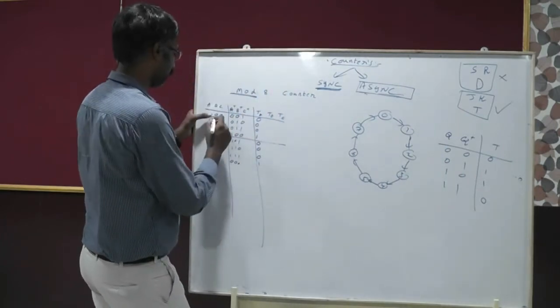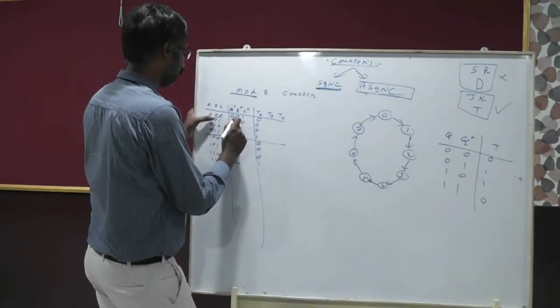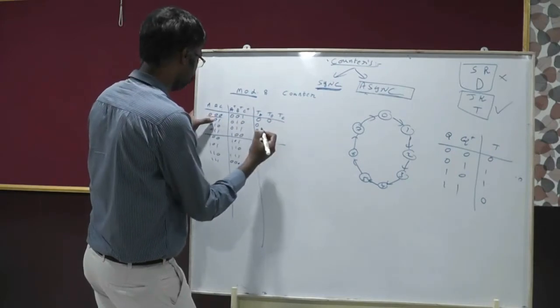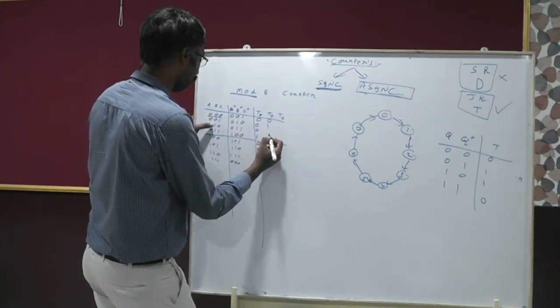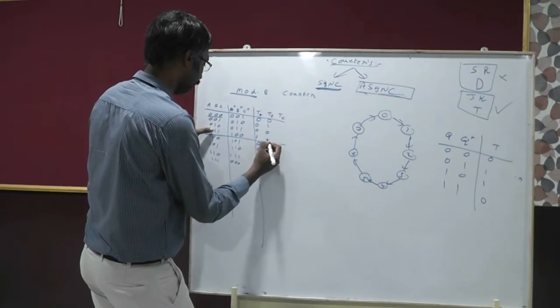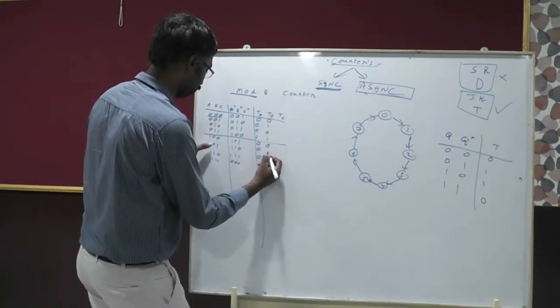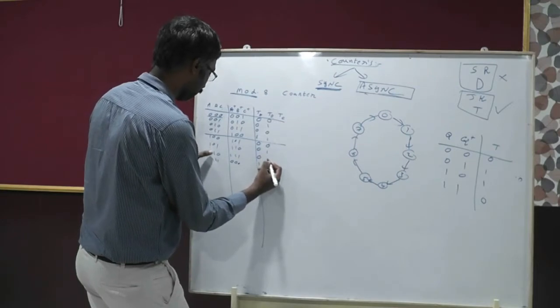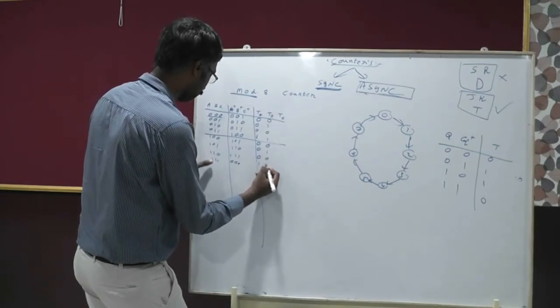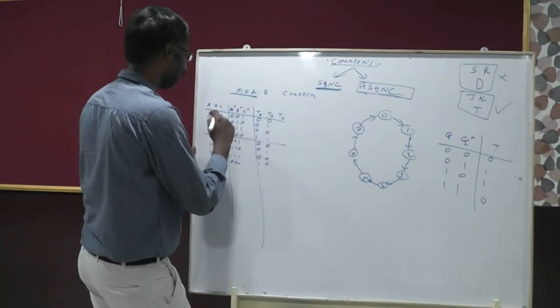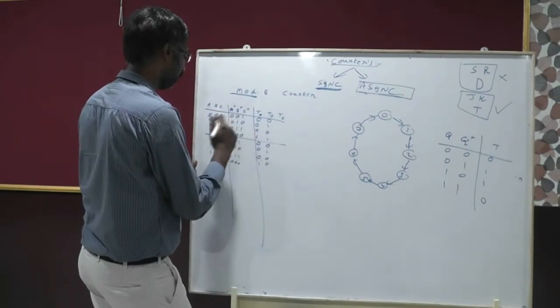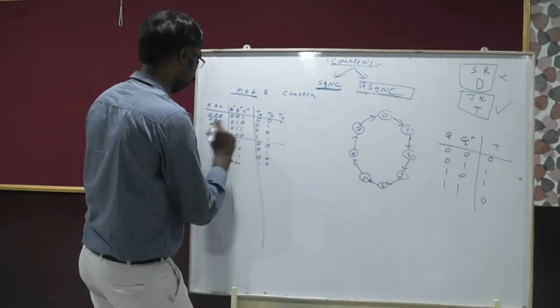Next, B plus value, and then TB. Then TC: 0, 1, 1, 1, 0, 1.